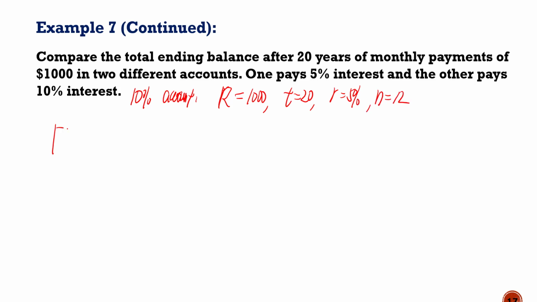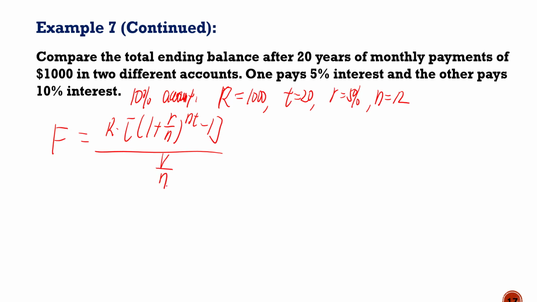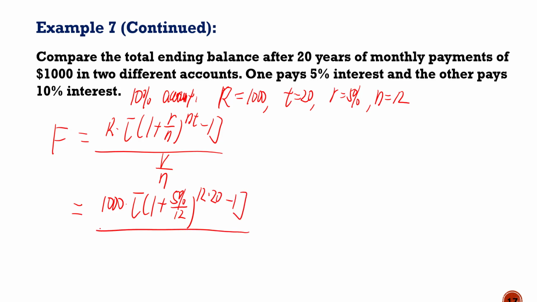So the future value of the annuity is the regular payment, $1,000, times 1 plus 10% over 12 raised to 12 times 20, minus 1, over 10% over 12. Let's see what the future value is.